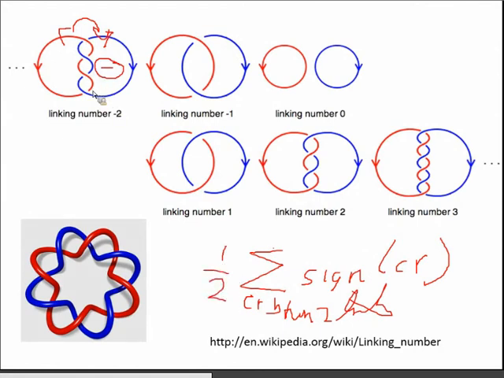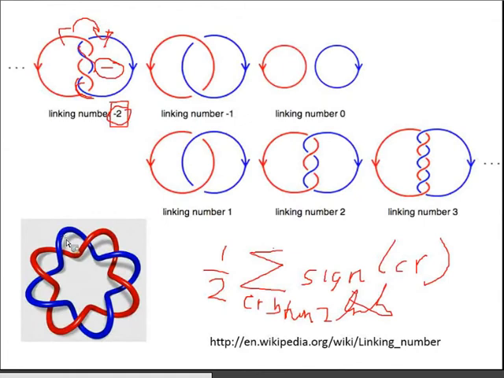So I've got 1, 2 crossings, so I can count just where blue crosses over red. I can get the linking number as -2 that way. I can look at where red crosses over blue, get the linking number of -2, or I can look at all 4 crossings, get -4, divide through by 2, and I get a linking number of -2. So that's our linking number.